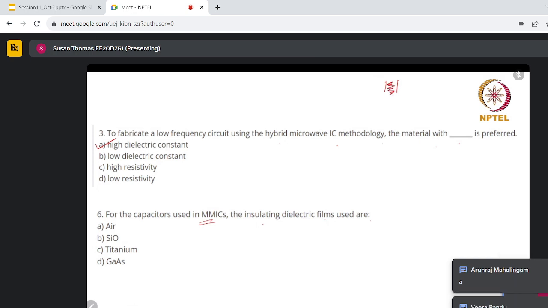So what kind of materials will be used as a dielectric film? When we talk about fabrication or integrated circuit technology, we say the thin film coating will act as a dielectric. That's the reason it is called insulating dielectric film.